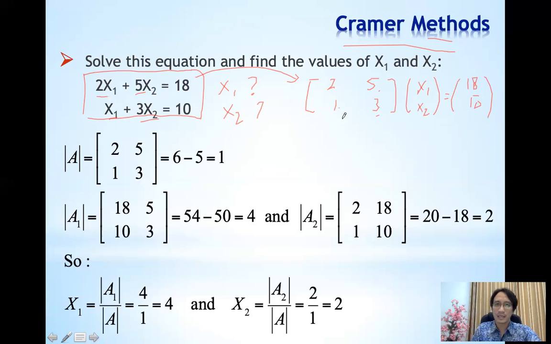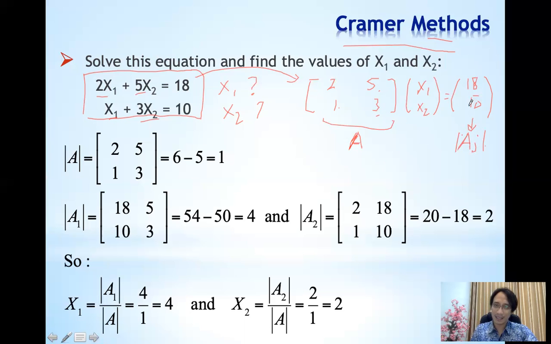This is the equation. And this is the matrix that we call the A matrix. And this one is the result, and the result will be filled in Aj.